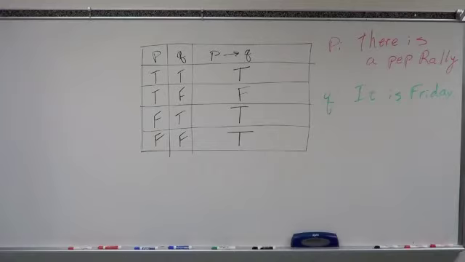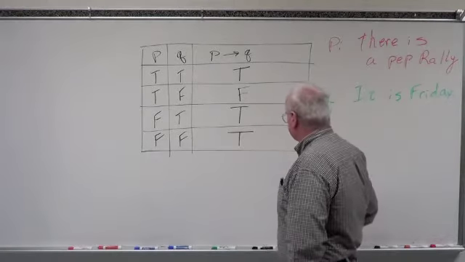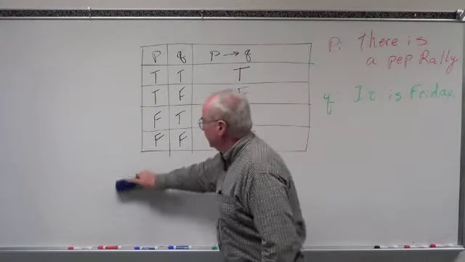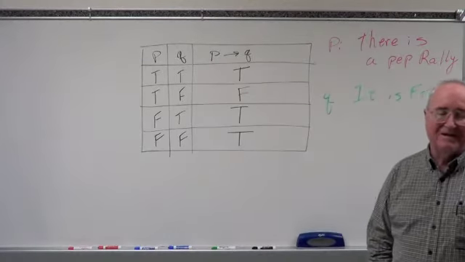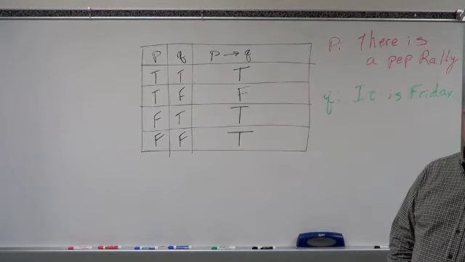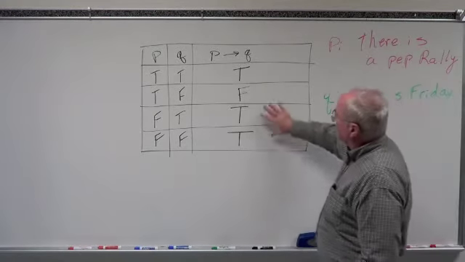If there's a pep rally, then it's Friday. Well, it's not. There's no pep rally, and it's not Friday. Oh, okay. So if neither one of them is true, then the conditions are met. We didn't expect there would be a pep rally because it's not Friday. We didn't expect it was Friday because there's no pep rally. Okay? And this is what the truth table looks like.